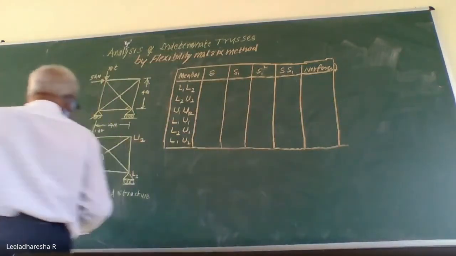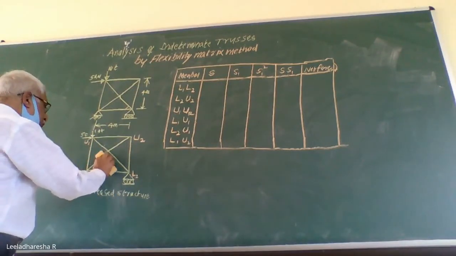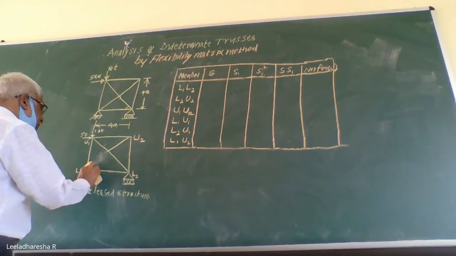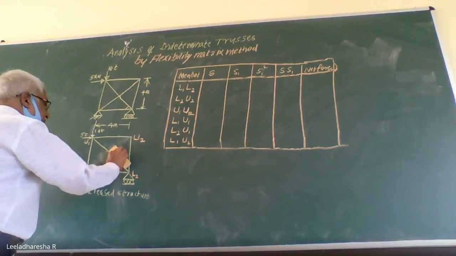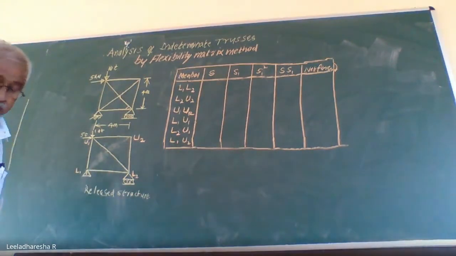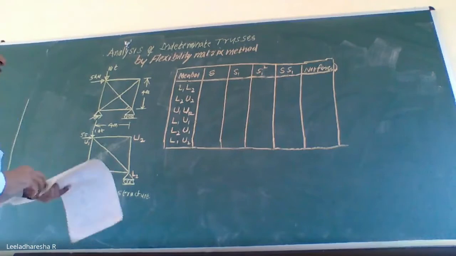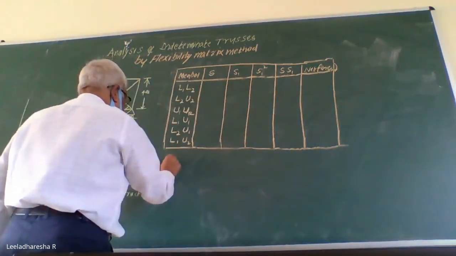So now I will have one figure. I will remove this member and keep only the determinate structure. Whatever redundant force I assume, I am going to remove that. Now we will go for analysis of the S force.